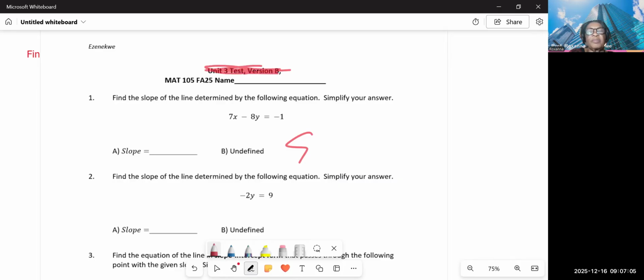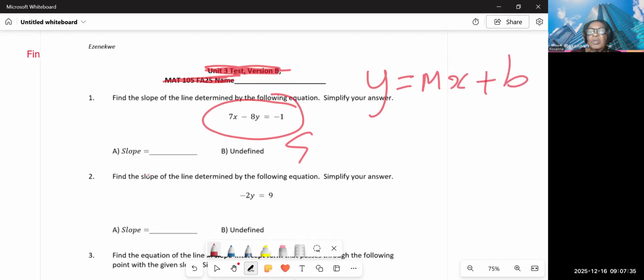So we want to find the slope of this given line, and whenever I'm told to find the slope of the given line, I want to solve for y so that I will leave the equation in slope-intercept form, which is y equal to mx plus b, where m is the slope and b is the y-intercept.